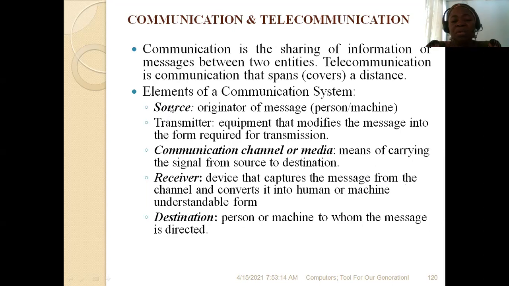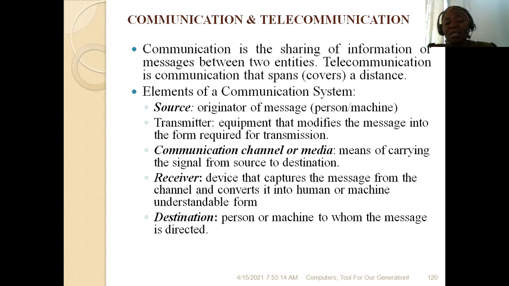Now, let's begin with the first element, source. In a communication system, there must be a source. The source is the originator of the message. It could be a person, it could be a machine.